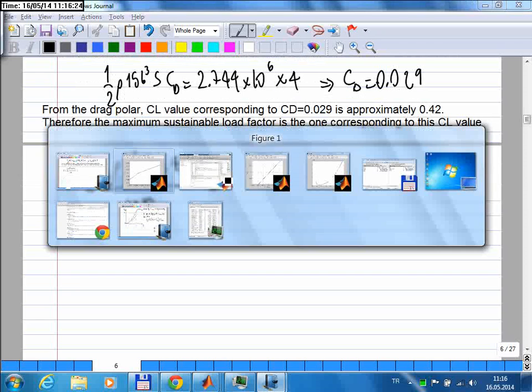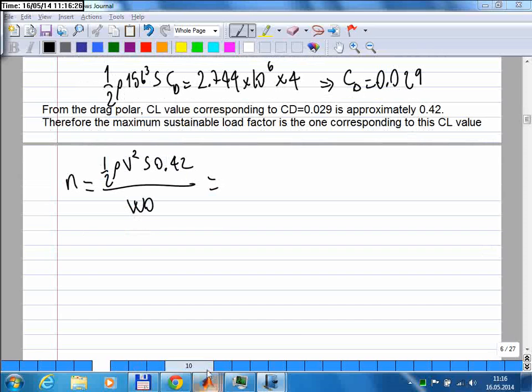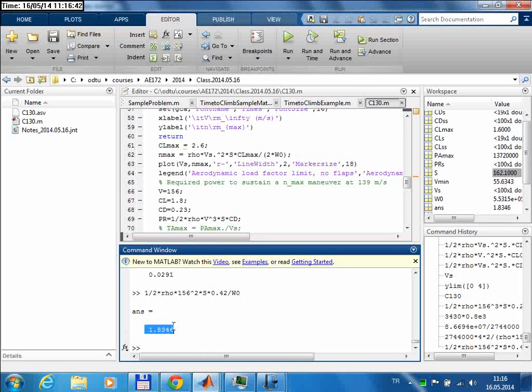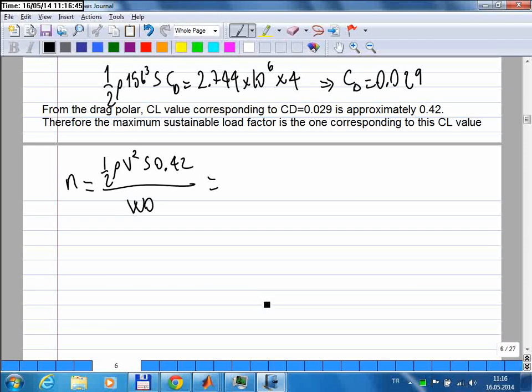And let's calculate that value. And divide it by W0. So this is about 1.83. Okay, so what is this number? This is the maximum load factor the aircraft can sustain.